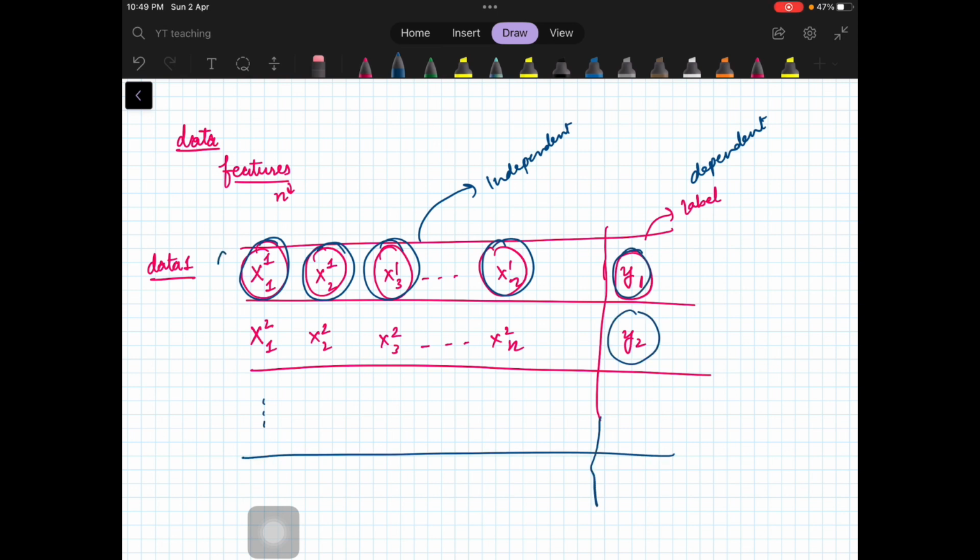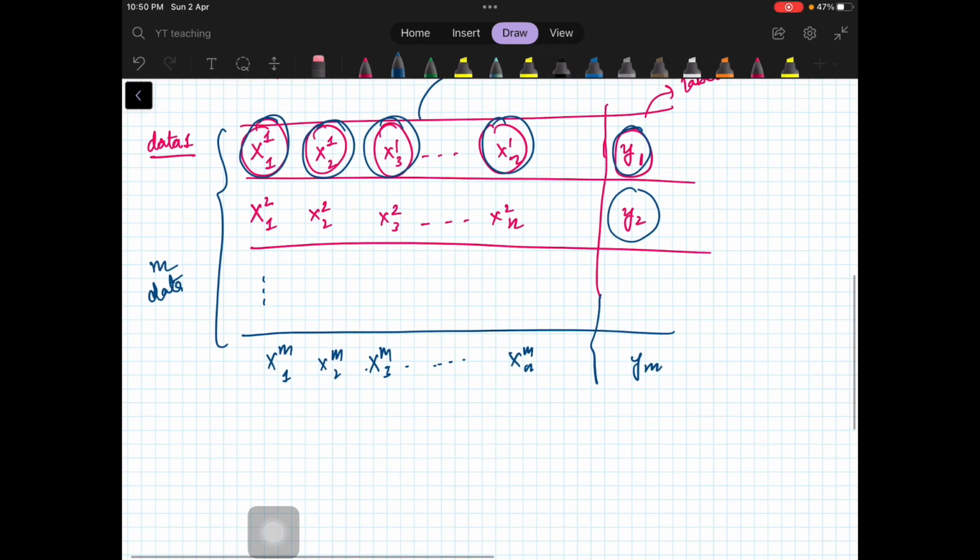Suppose I have m data, so we say that we have m examples. So we have the mth data, and the corresponding features are xm1, xm2, xm3 and so on up to xmn, and the label is ym. So this is what we have as our data.